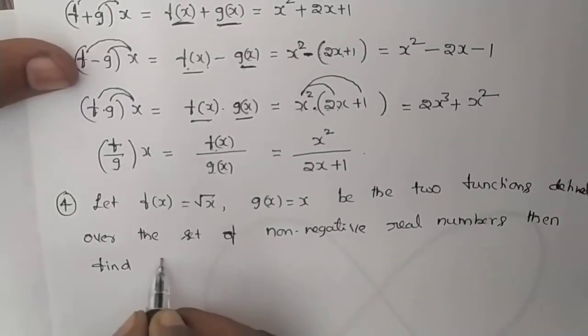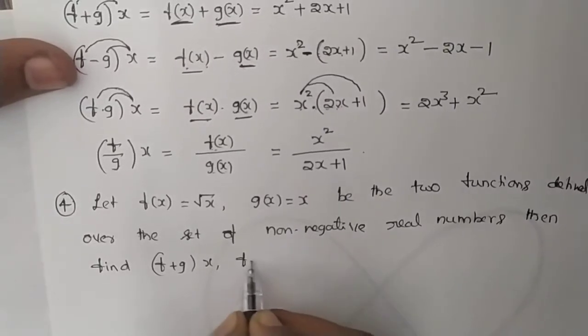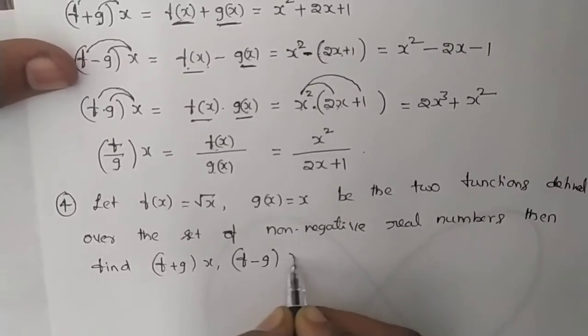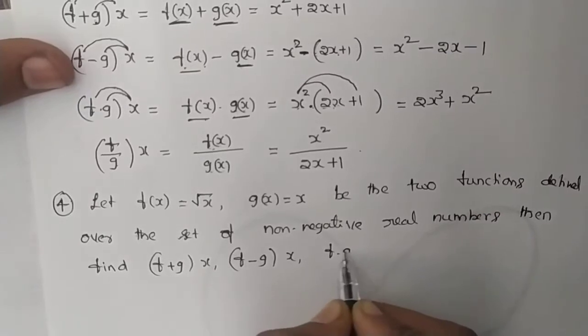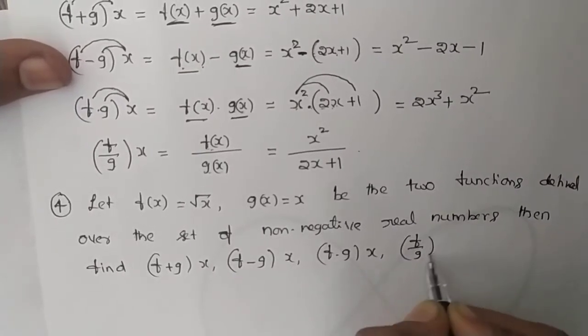Then find f plus g of x, f minus g of x, f into g of x, f by g of x.